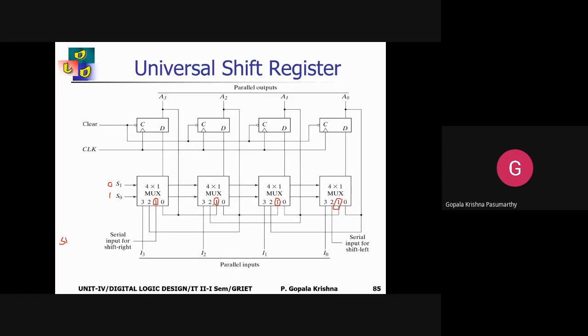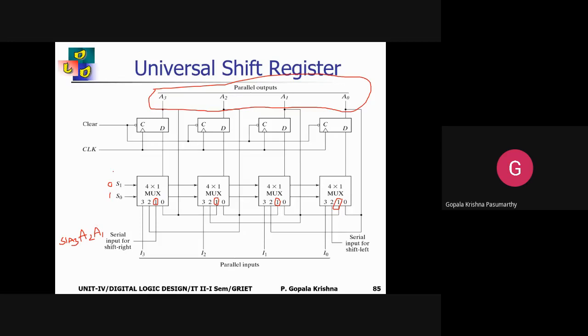This first input is coming from A3. This first input is coming from A2. This first input is coming from A1.